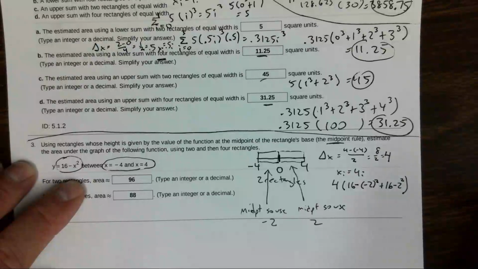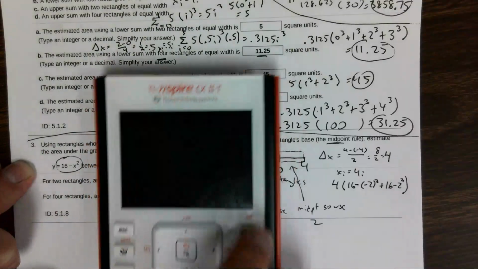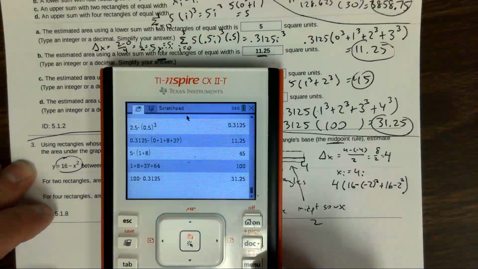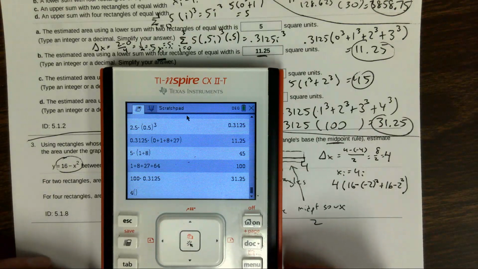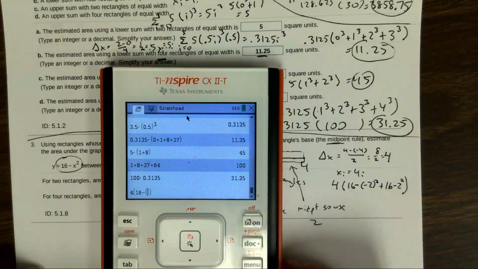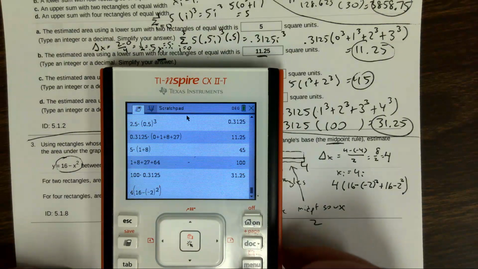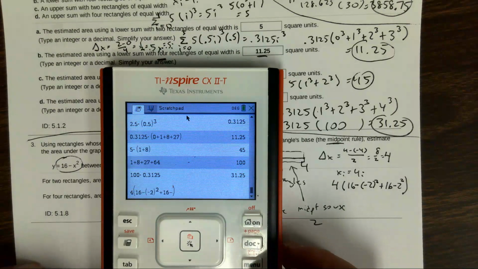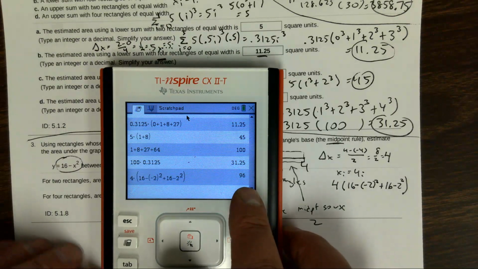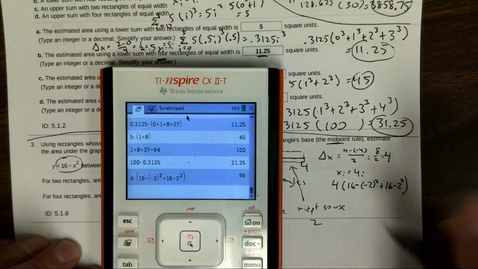So let's work out that. 4 times 16 minus parentheses -2 squared plus 16 minus +2 squared. So that does give us 96, which is what we want.